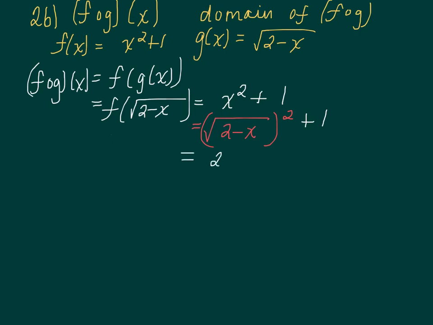So that's left with 2 minus x and then the plus 1. And then if you combine like terms, you're going to get 3 minus x. So that is f of g of x. Okay, so our final is 3 minus x.